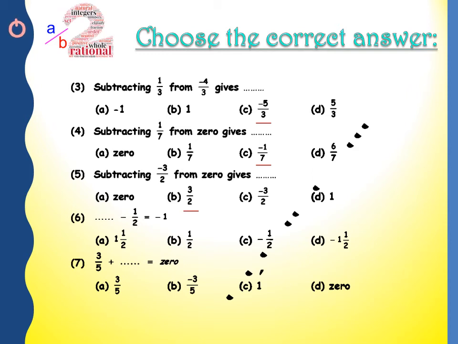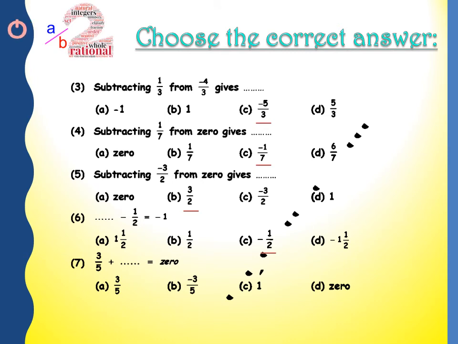And here I have a missing rational number minus half equals negative 1. You can solve it as an equation. If you couldn't get it mentally, you can just move this rational number to the next side by the opposite operation, plus, and you will get negative half.